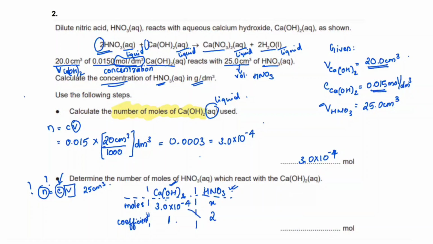Now what we do is we just cross multiply it and find out X. So this will be 3 into 10 raised to minus 4 into 2. We are cross multiplying, so the value over here is 2.